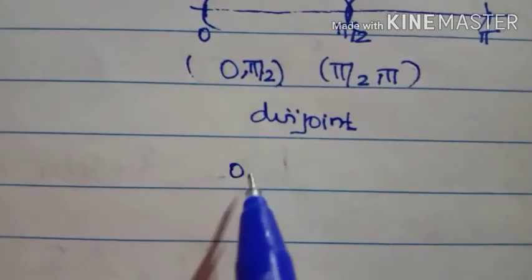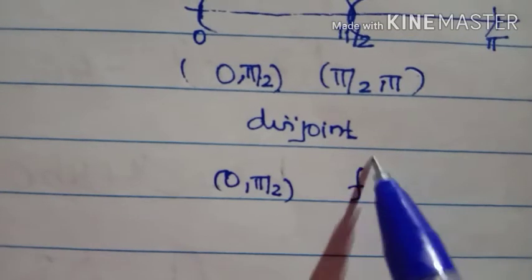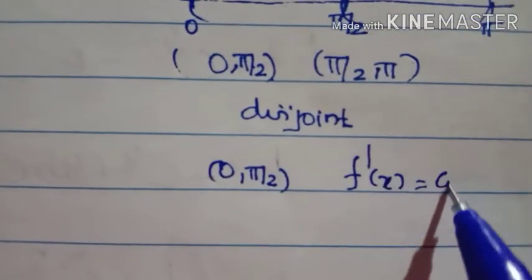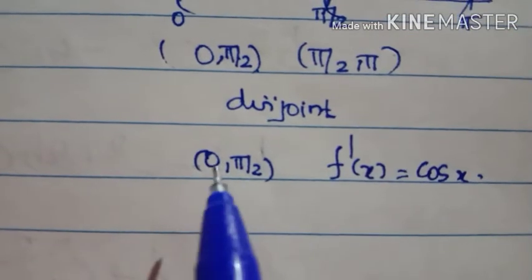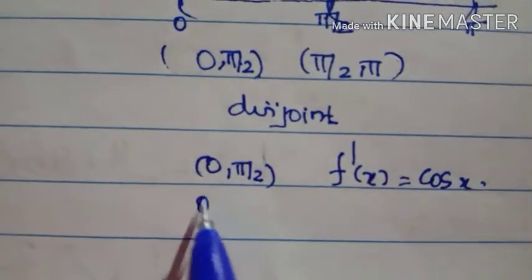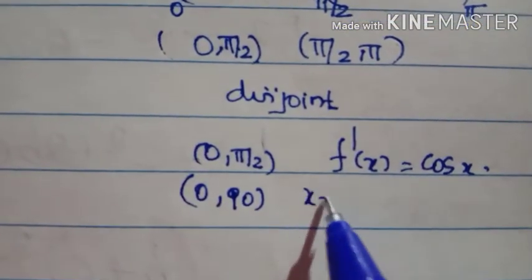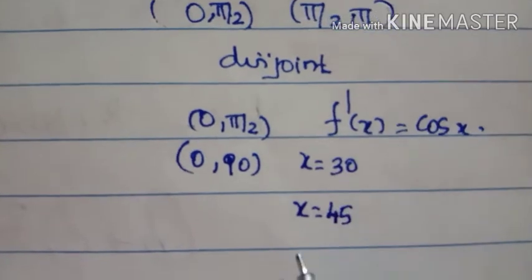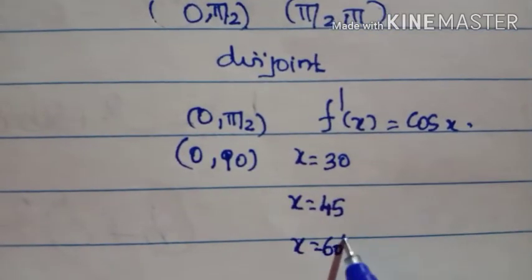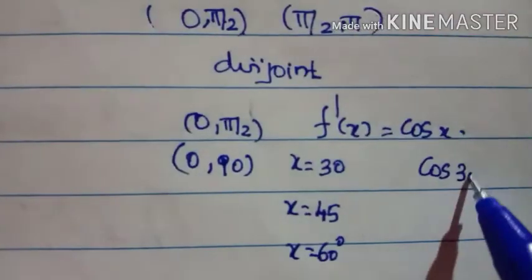Now take the first interval 0 to pi by 2. We have f dash of x equal to cos x. Let us select some angles in between 0 to pi by 2. Pi by 2 means 90 degrees. Let us take x equal to 30 degrees, 45 degrees, or 60 degrees. Now what is cos 30?